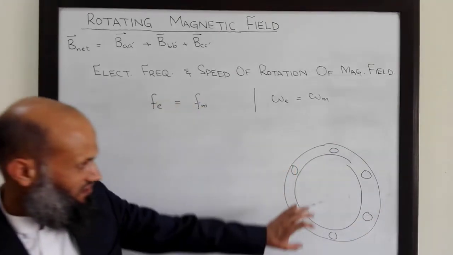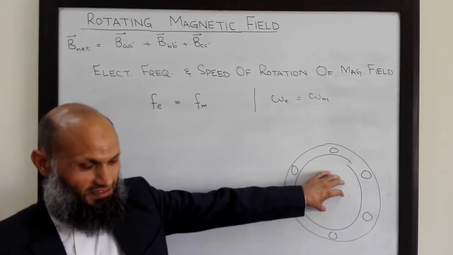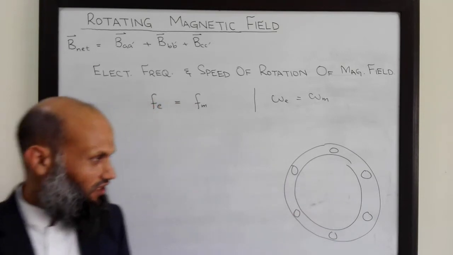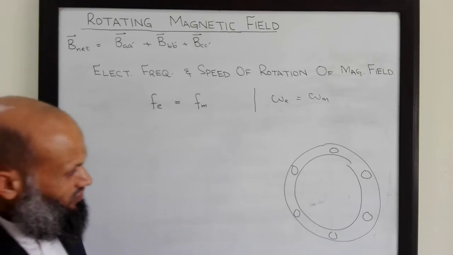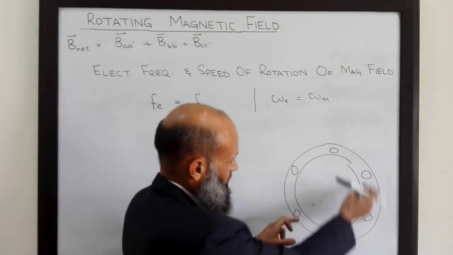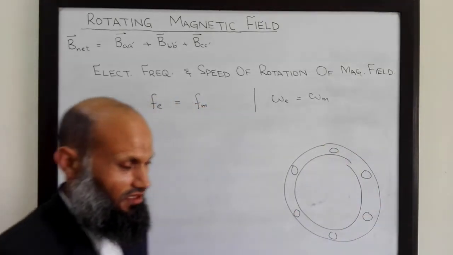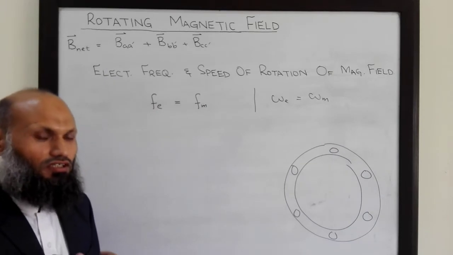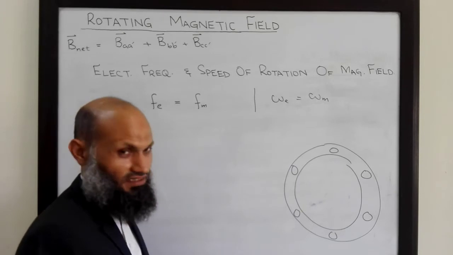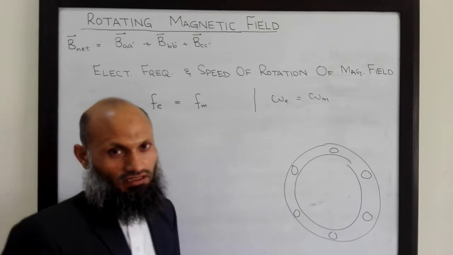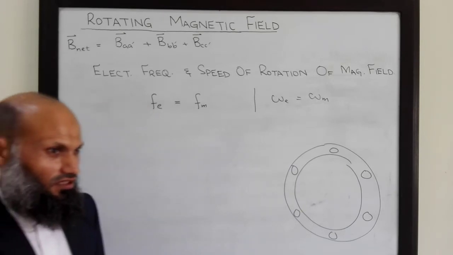This particular stator is called a two-pole stator. We can even make multi-pole stators. In that case, instead of a single set of three-phase windings, we can, for example, have two sets of three-phase windings, and likewise more sets. And in that case, the number of poles will also change.